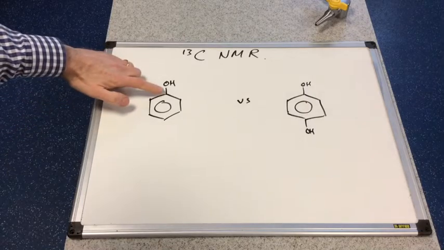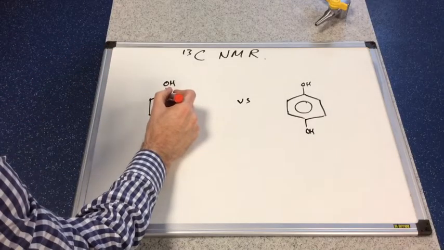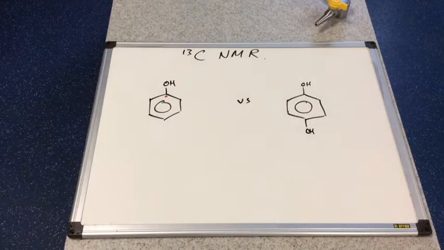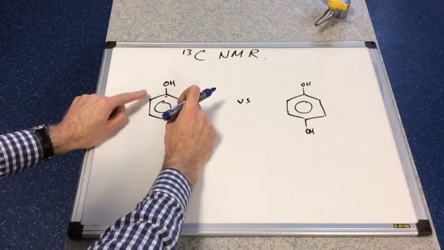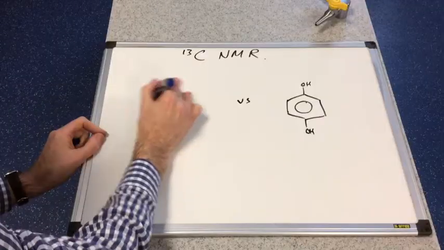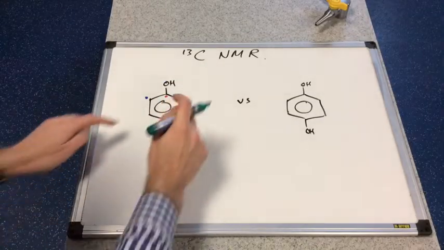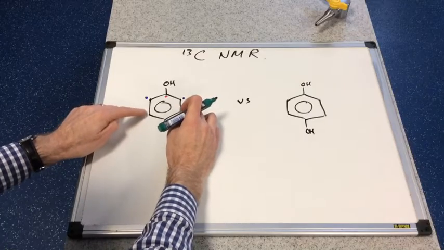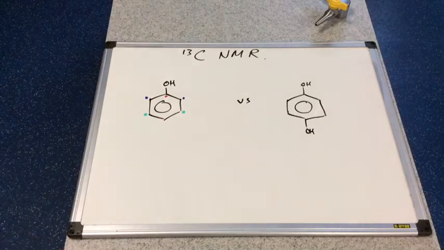Well, there's only 1 carbon bonded directly to an oxygen, so that's definitely 1 environment, so I'll colour that in red. And then these 2 environments here are actually equivalent to each other, and so we'll colour them in blue. The next 2 environments are equivalent to each other, so we'll colour those in green.